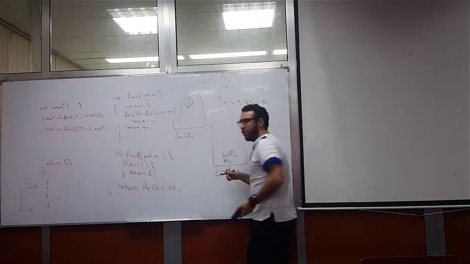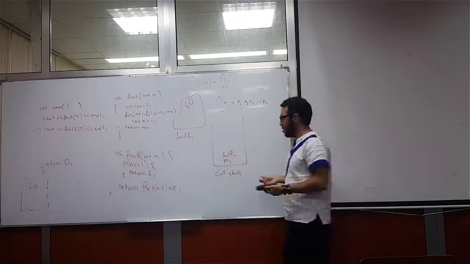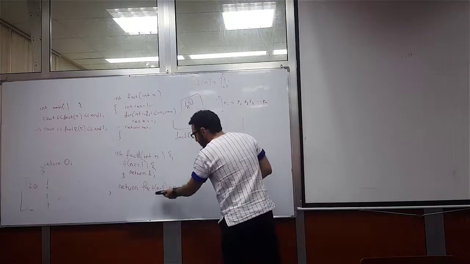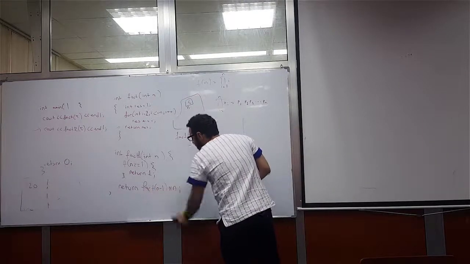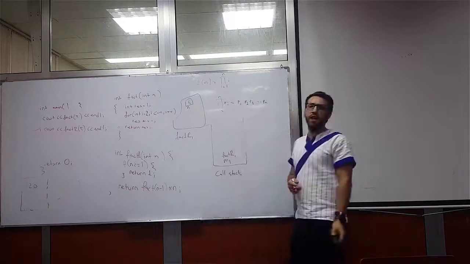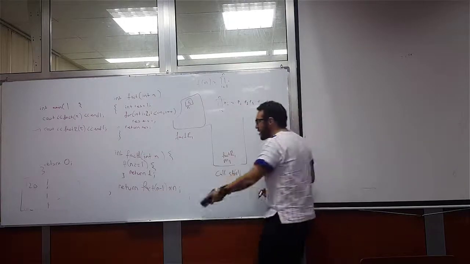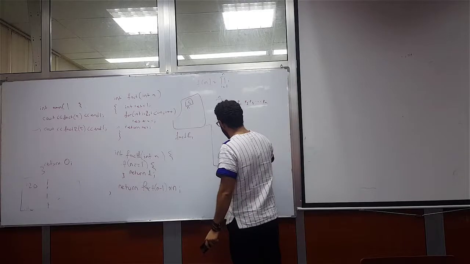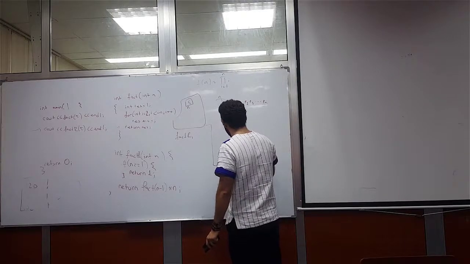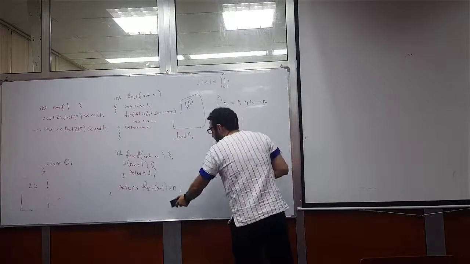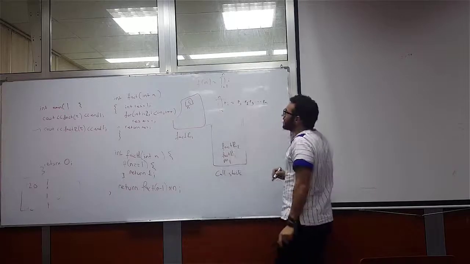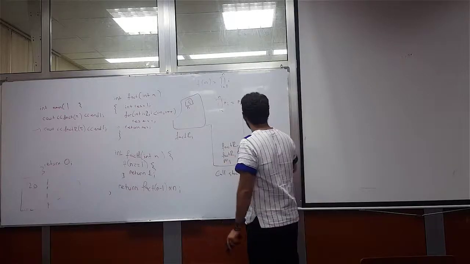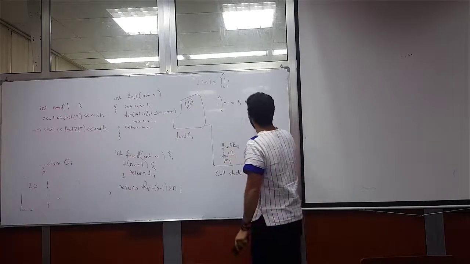So is n equal to 1? No. Therefore we are going to skip this part. And in the return statement we actually make another function call, which is the same function. So I'm going to name it as factR2. But this time we call it with a different input, right? So let's place factR2 here.